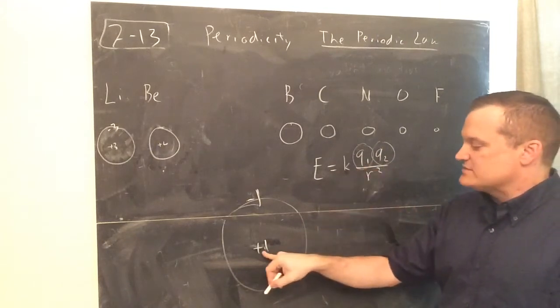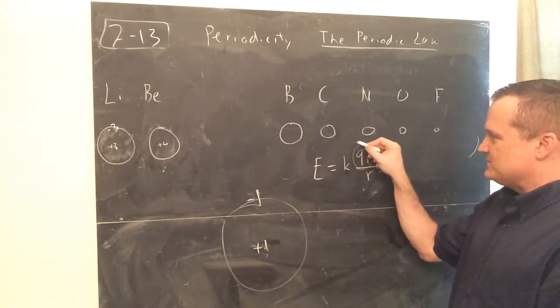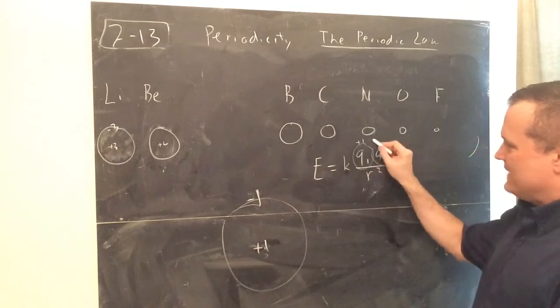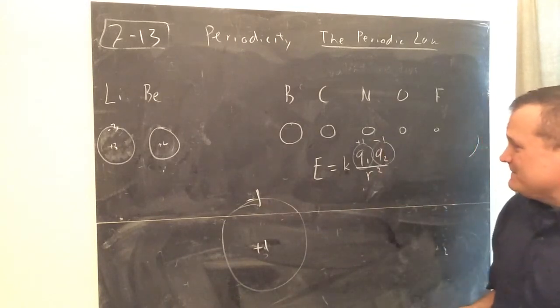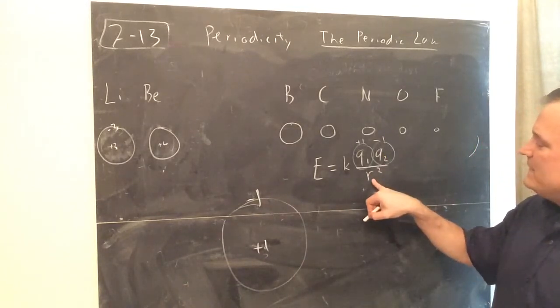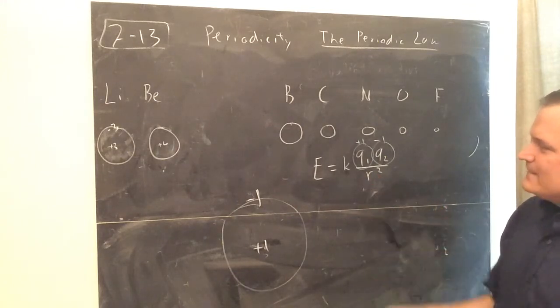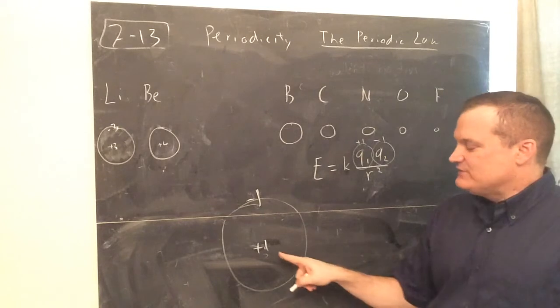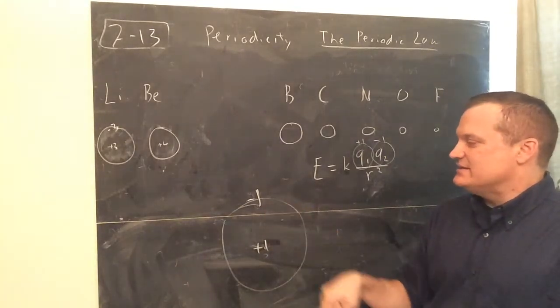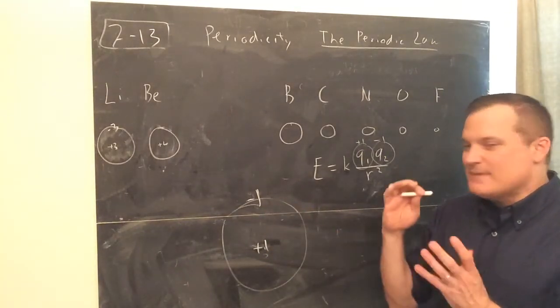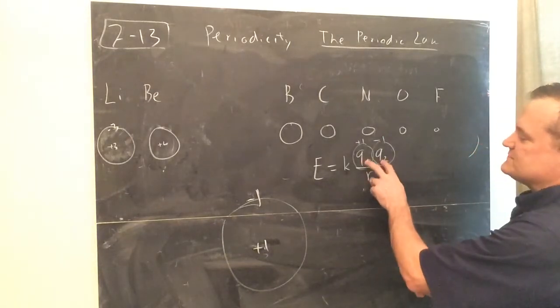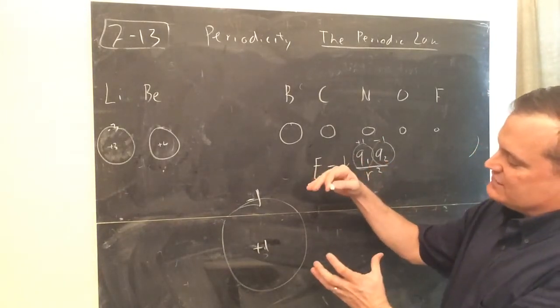The +1 charge could be this one, and -1 could be that one. Okay? Then R would be the radius, and you square it. Now, here's the deal. If this is +1 and that is -1, think about the attraction. Let's mainly focus on this part right here. Think about how much they would attract each other.